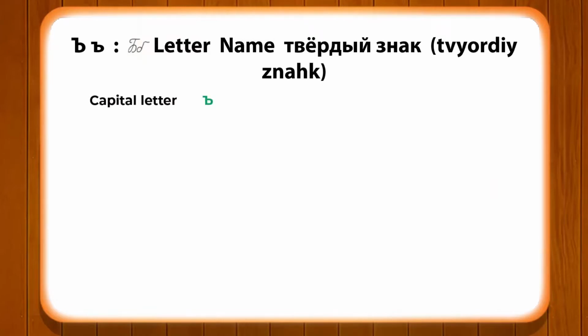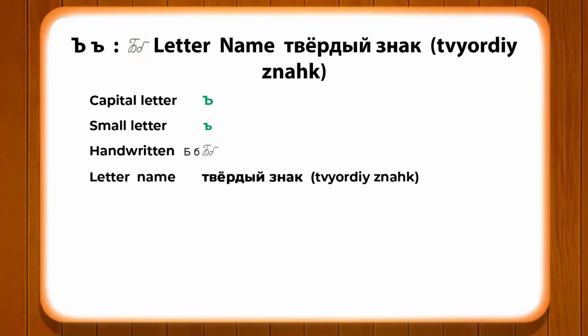Alright, so now the interesting part of the Russian alphabet is that now we are going to introduce you to these signs. These signs don't make much change to the overall meaning or the sound of the word, but they do have a role to play.